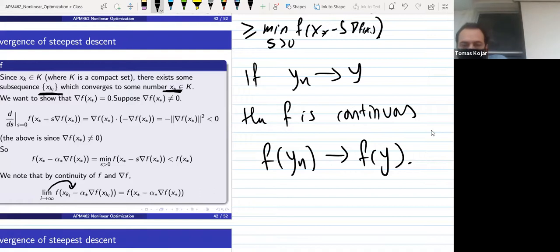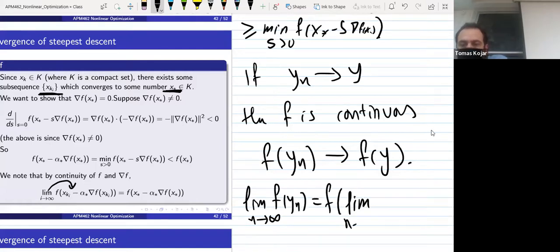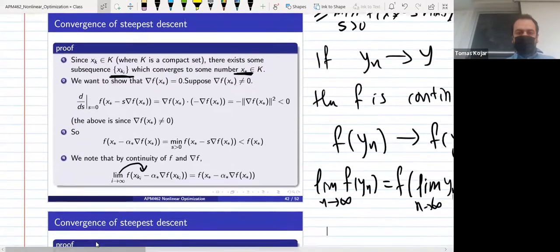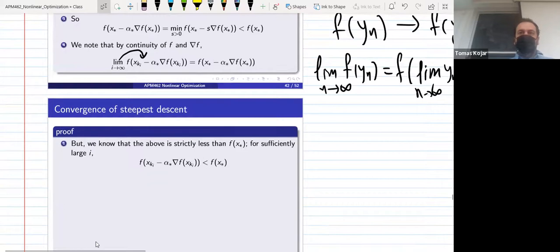That's basically the definition of continuity, that you can swap it with a limit. And we just proved that this guy is less than the candidate minimizer.